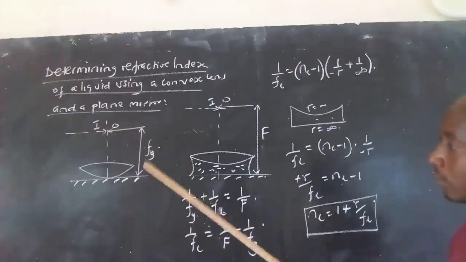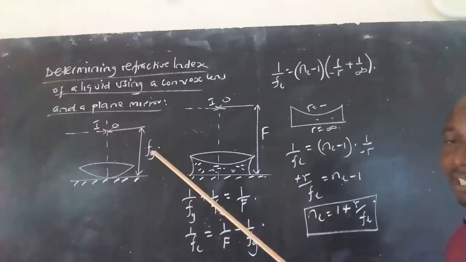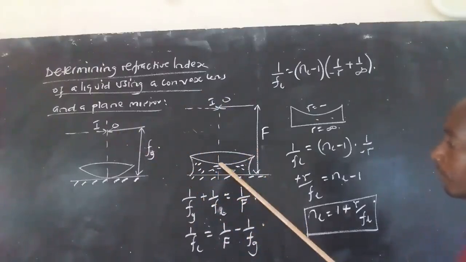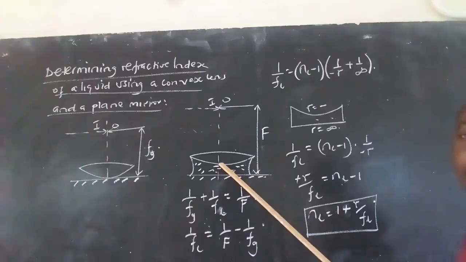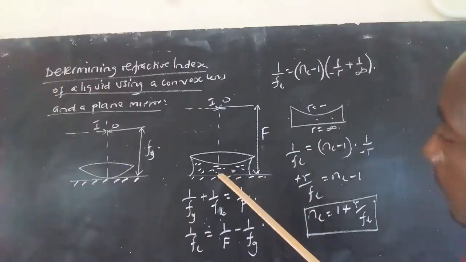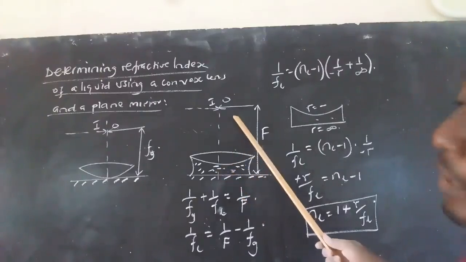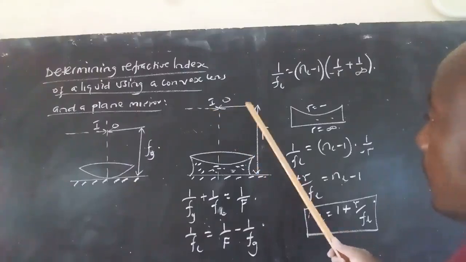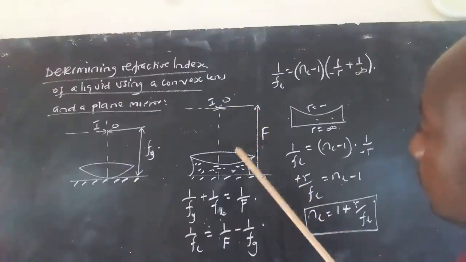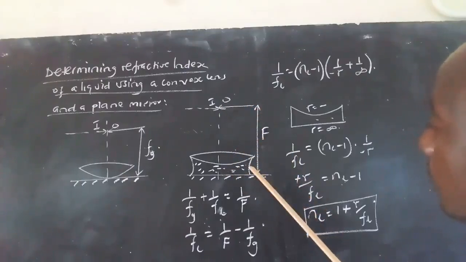The distance FG is measured and recorded. Then the space between the plane mirror and the lens is filled with a small quantity of liquid whose refractive index is to be determined. The pin is again moved until it coincides with its own image. The distance capital F is measured and recorded.